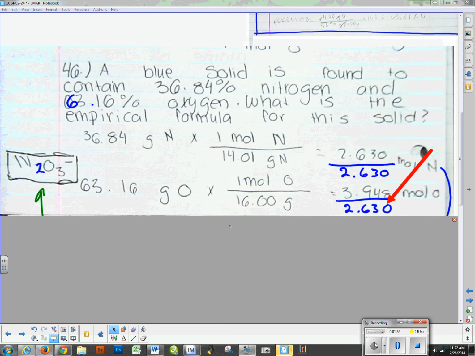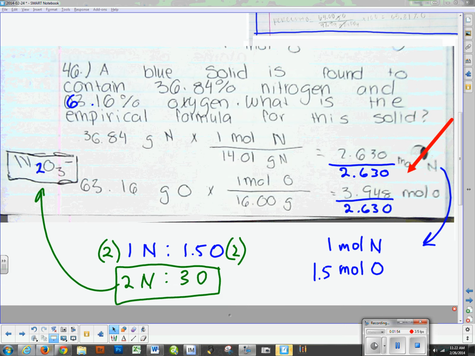And so down here, when I divide this by itself, that gives me 1 mole. So no matter what I multiply this by when we get the answer, it's going to have a whole number for the nitrogen. So down here, what we've done is given you the answers of these two divisions.